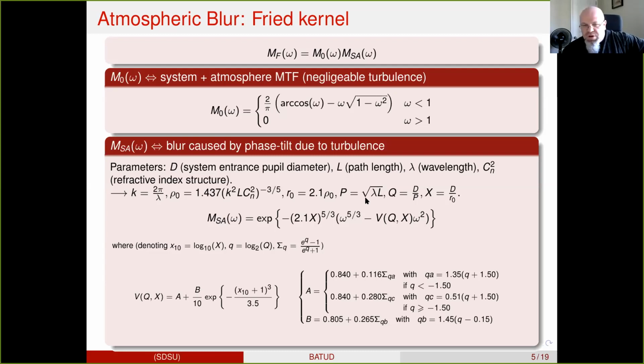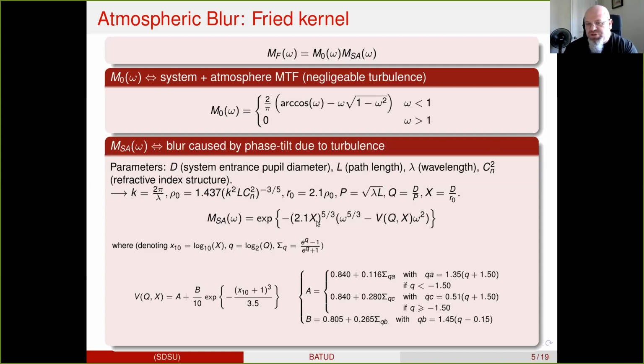When you get those, you can compute the quantity V of Qx. The expression sounds a little weird, but it's actually pretty easy. It's just very basic algebra from the quantities we computed before. Now that you have this capital X and this V of Qx, that's what appears in the formulation of the MSA of omega part of the kernel.